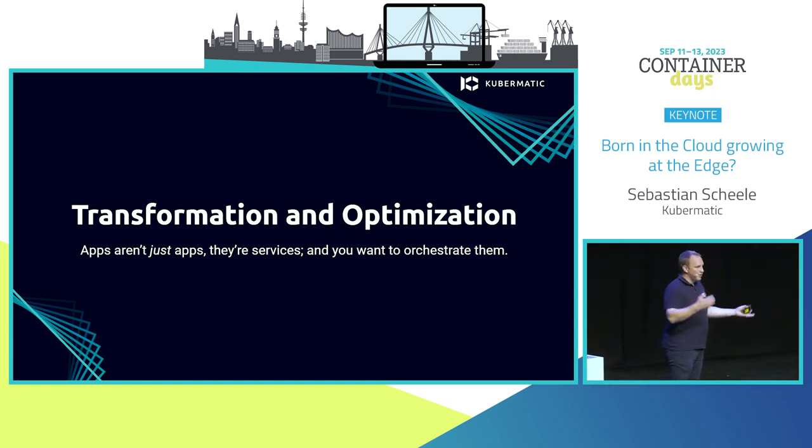Multiple systems are now talking together, and only if all of this works together and we can orchestrate and manage them in a similar way, can we ensure a system that we can operate in a highly efficient but also mission critical way.